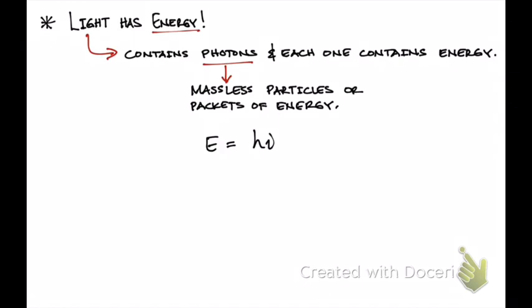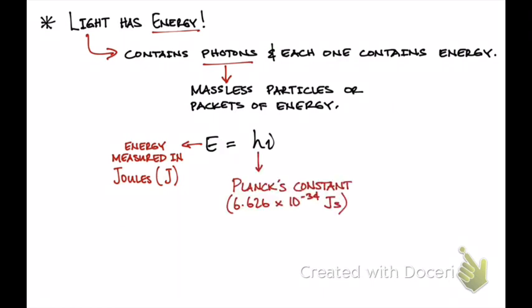So E equals h times nu. Okay, so h is known as Planck's constant. And Planck's constant is equivalent to 6.626 times 10 to the negative 34th joule seconds. And energy here is measured in joules, capital J. And again, nu is the frequency. And this is usually in inverse seconds or hertz.